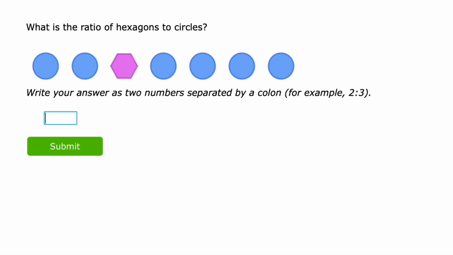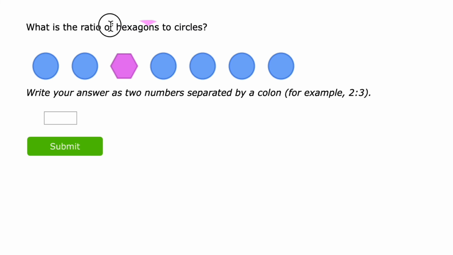Now the question is, what is the ratio of hexagons to circles? It's not always going to say total shapes. The questions are going to switch up sometimes. So, what are the two main keywords in this question? If you guessed hexagons and circles, or hexagons to circles, you're correct.